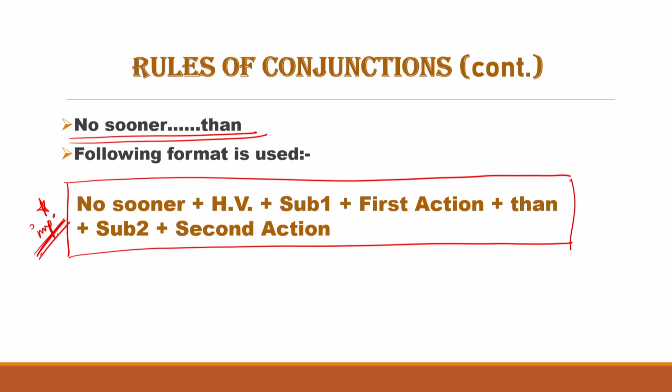It's very important, keep this in mind. According to the format, first comes your no sooner, then your helping verb. Helping verb can be do, does, did, and so on. Then comes your first subject, then comes your first action, followed by than, followed by second subject, and then second action.